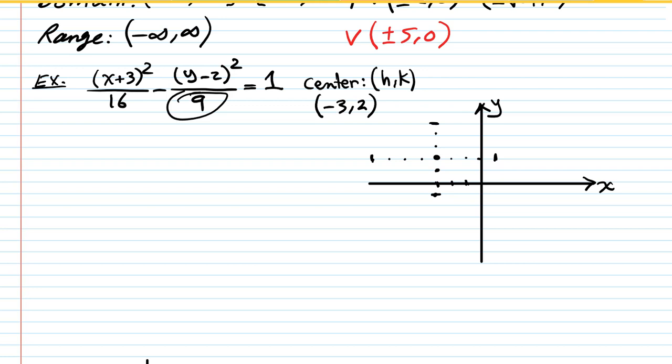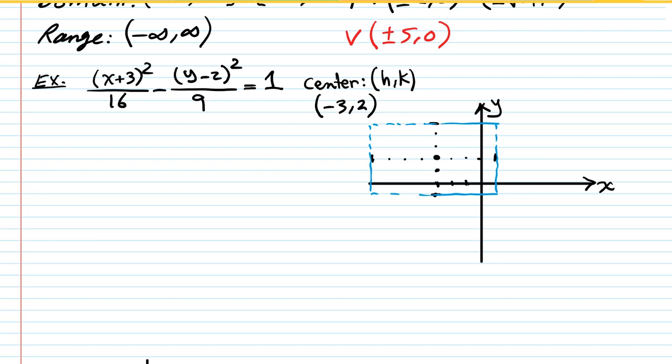All right, and now I can see the outline of the fundamental rectangle here. Let's draw our fundamental rectangle, horizontals parallel to the x-axis and verticals parallel to the y-axis. And there you go. We got that nice looking rectangle.